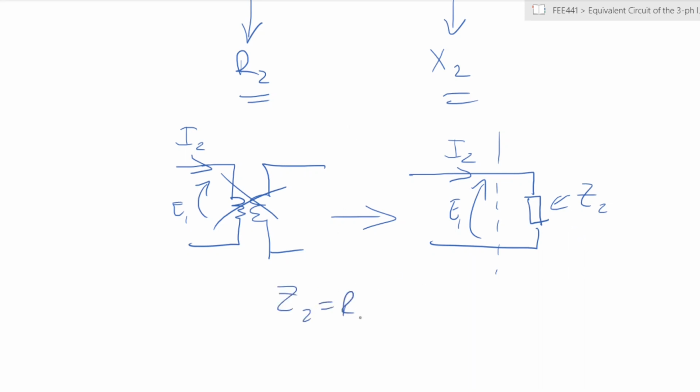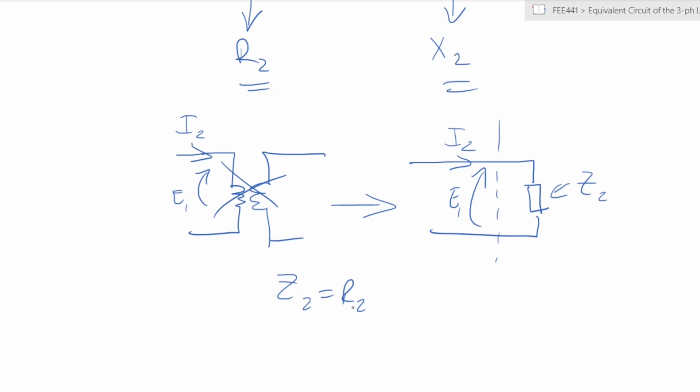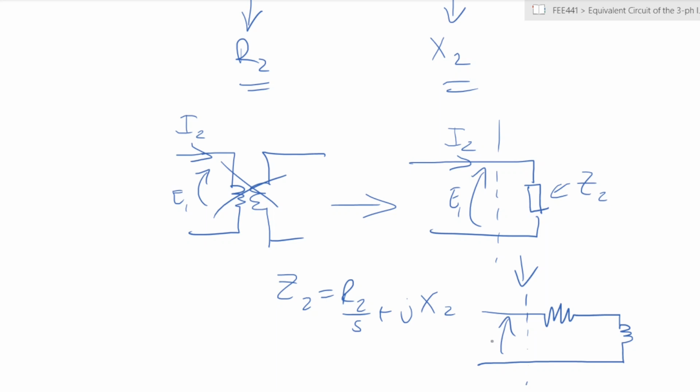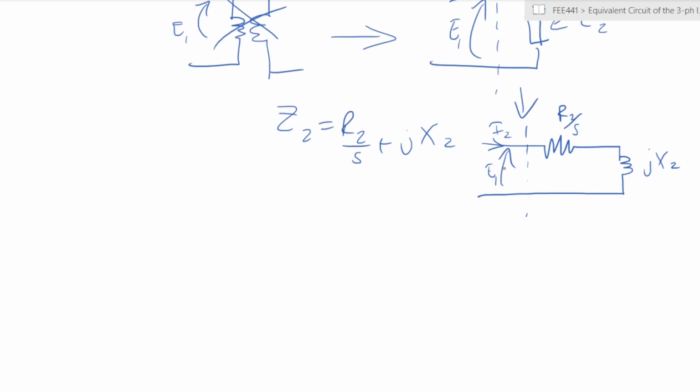Z2 is equal to R2 over S, don't forget your S, plus JX2. Okay, so this in turn becomes converted into a resistance and a reactance, which are all across E1 with a current of I2 flowing through, R2 over S, JX2.